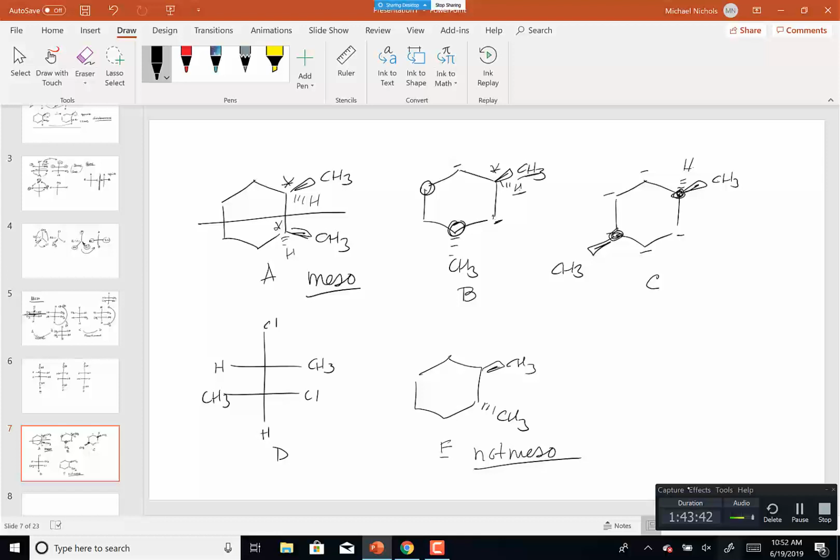How many mirror planes does it have? We need a number. So I heard a 1, then I heard a 2. No, 6 is too many.